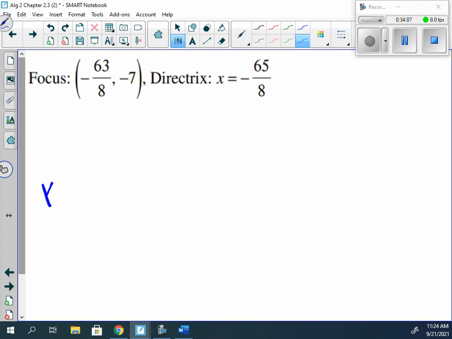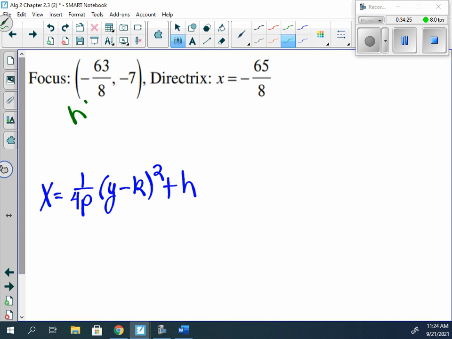So our general equation we're using is x equals 1 over 4p (y minus k) squared plus h. Now in the general equation, the focus is (h plus p, k). The directrix is h minus p, yes?